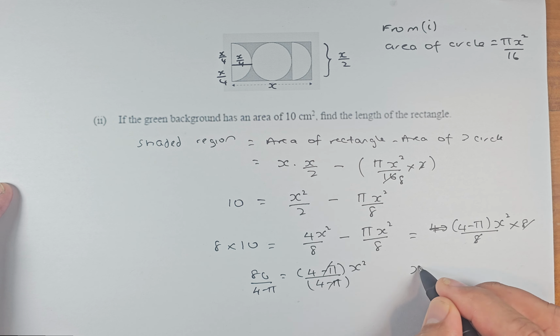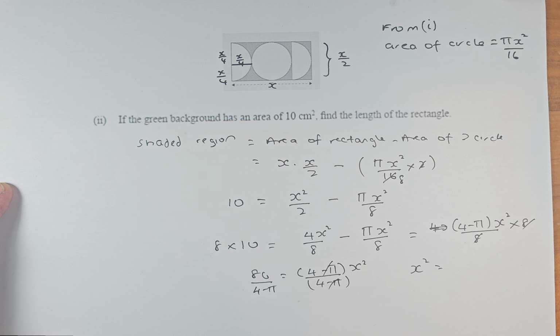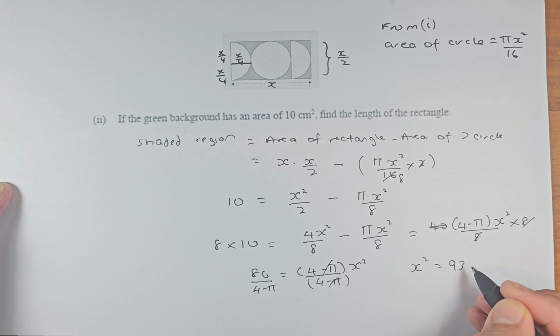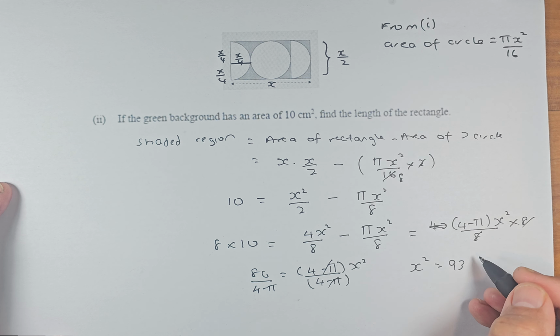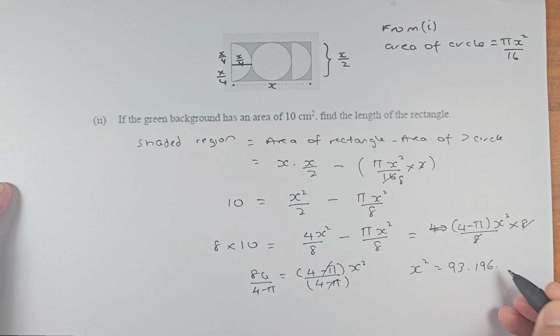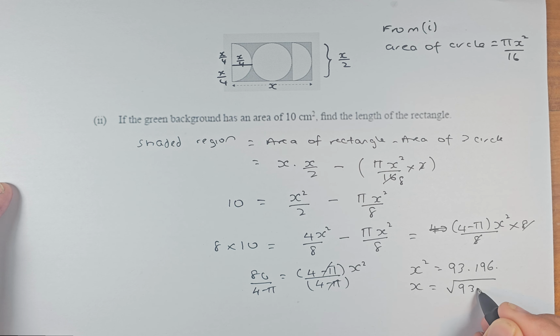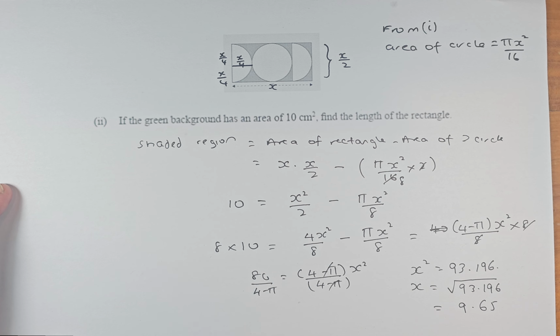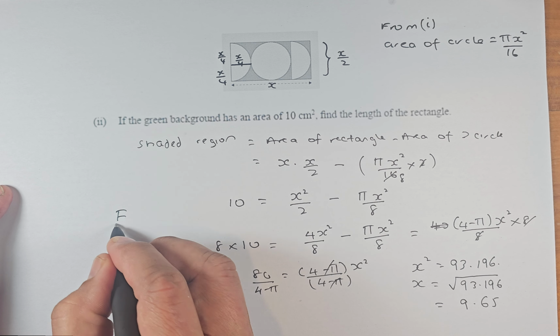So x squared is equal to 80 divided by 4 minus pi, which in the calculator I found is 93.196. Then to get x, we take the square root of that number, 93.196, and I found the answer. The length x is 9.65. So that is how you do this question, and that is excellent.